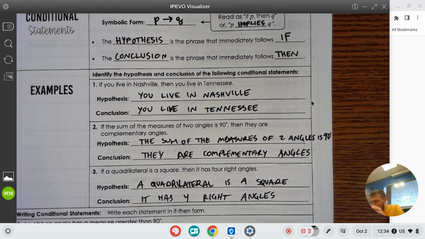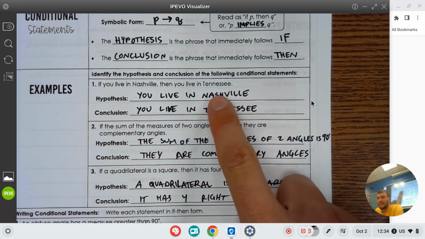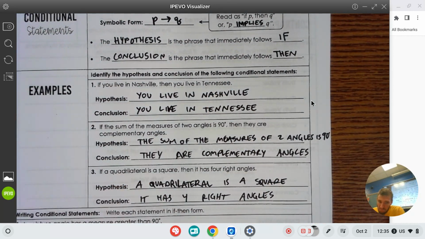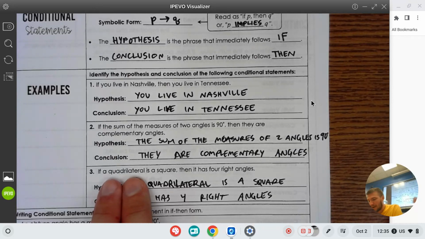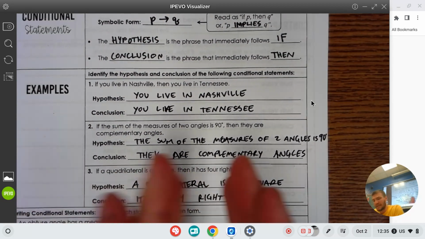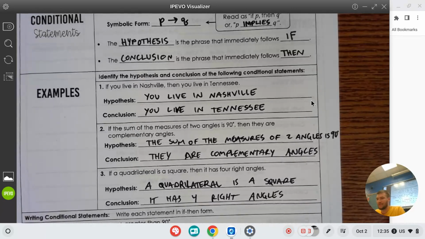It's like when you zoom in to Nashville, then you zoom out and you're in Tennessee. If you zoom in and you're talking about a quadrilateral that's a square, you zoom out and you're like, oh, it's got 4 right angles. It's kind of like cause and effect, one that comes after the other. I don't think that there's too much to it.